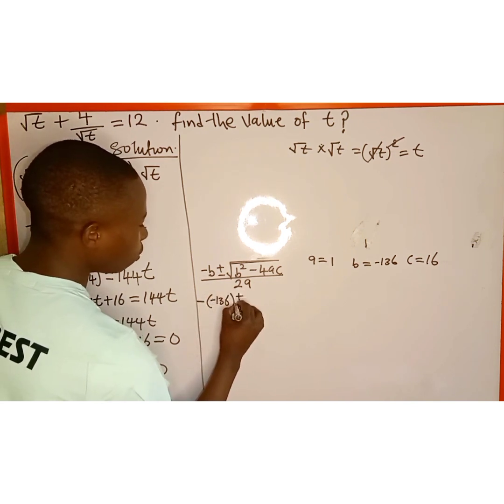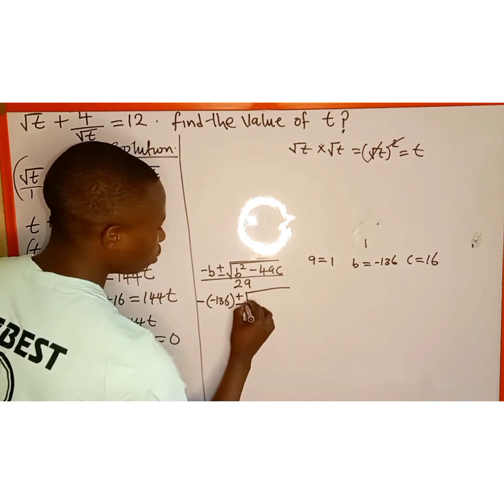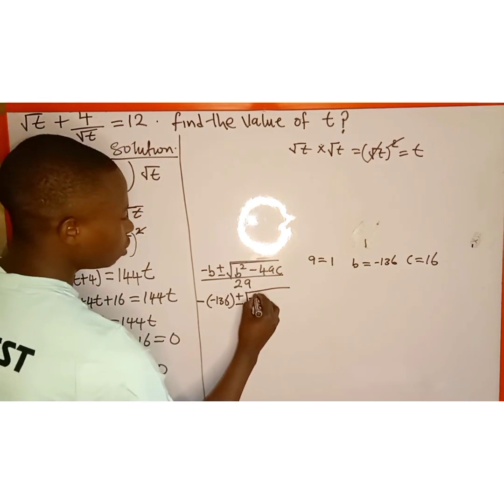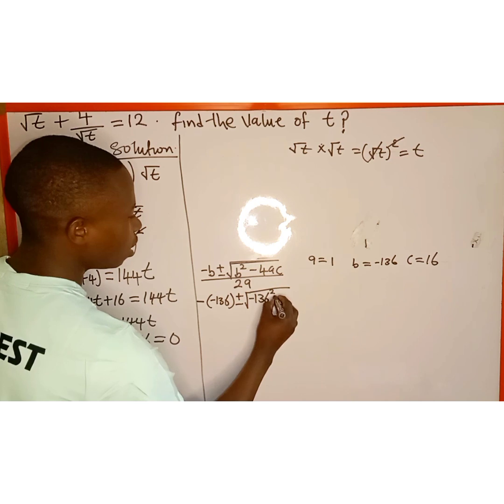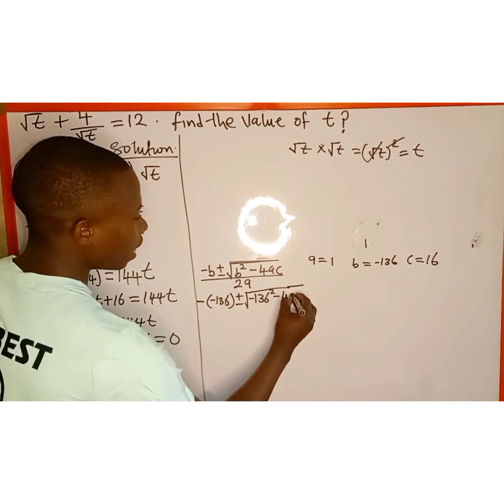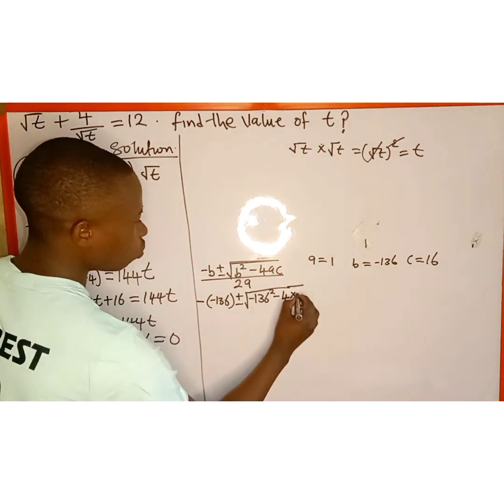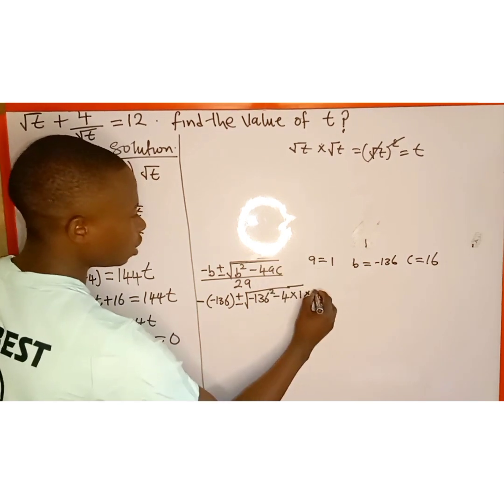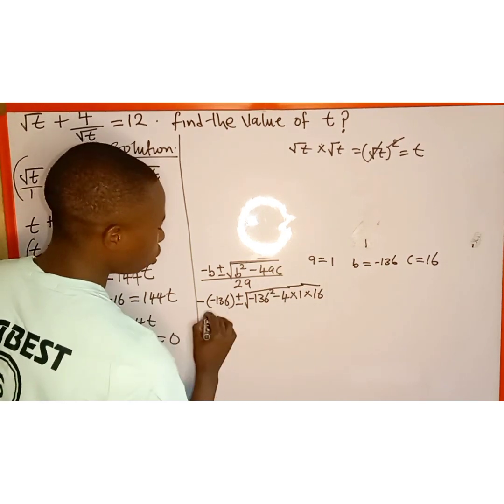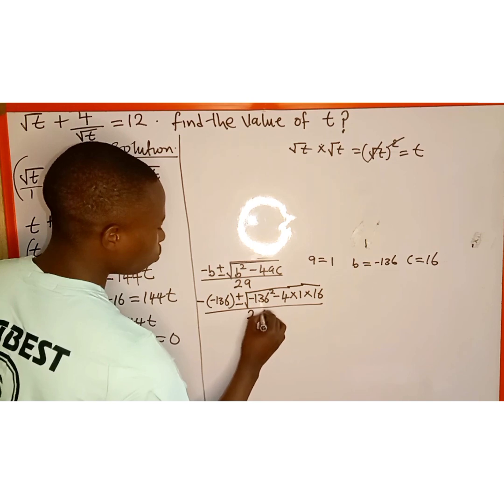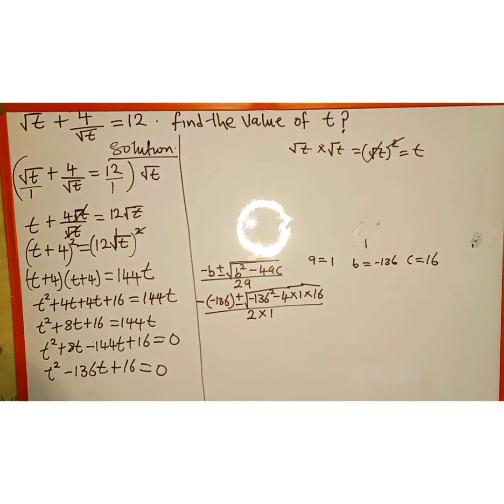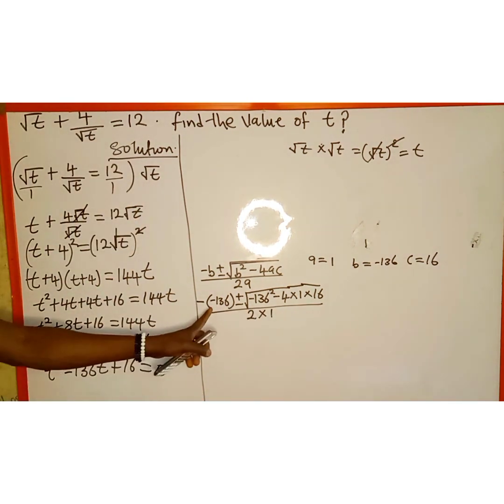Then plus or minus we open our square root. b squared is negative 136 squared, then minus 4 multiplied by a. My a is equal to 1, then multiplied by my c, which is 16, all over 2 multiplied by a, which is 1. So let's go on further and simplify this.